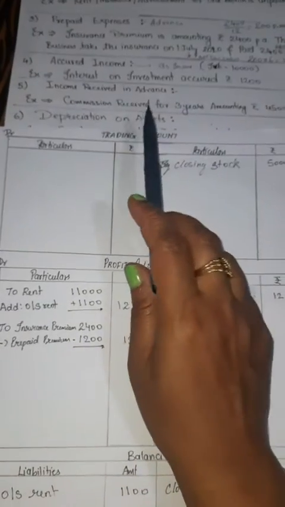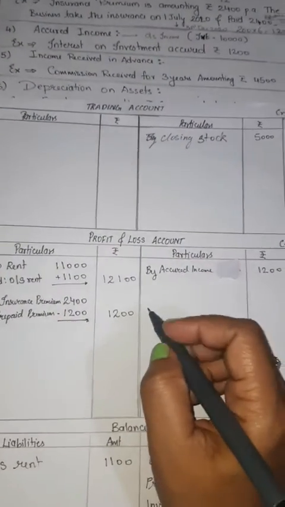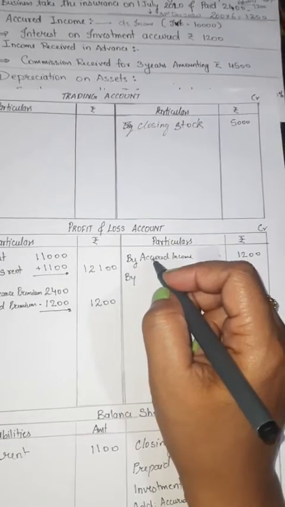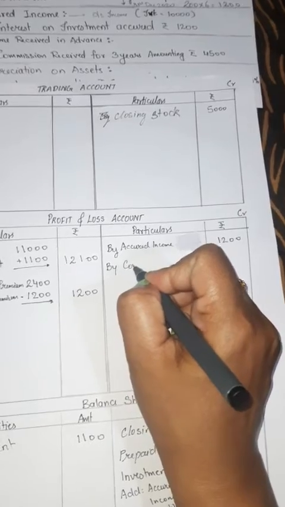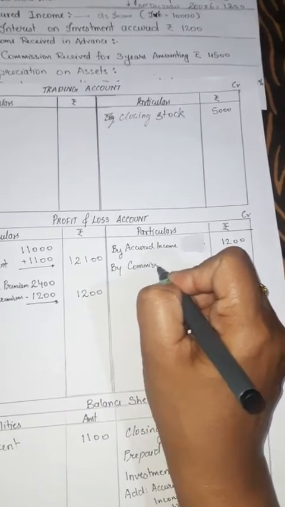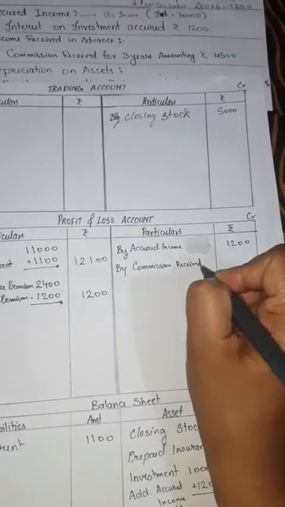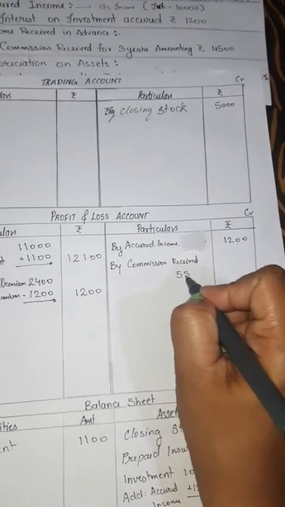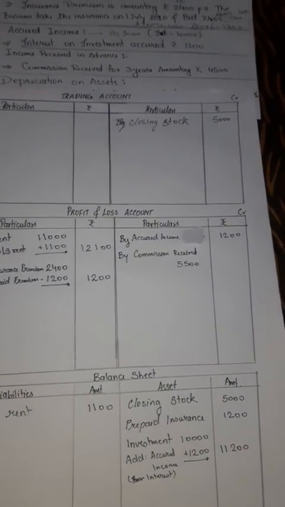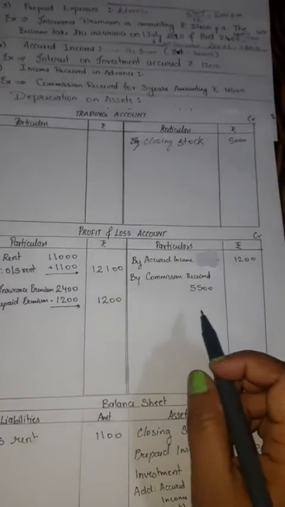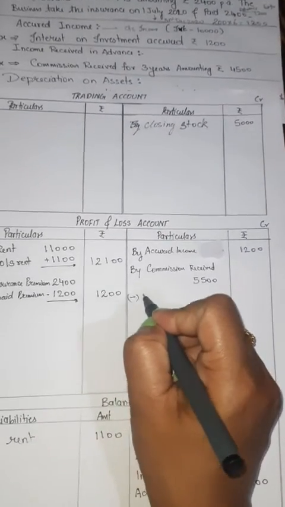For showing the item of commission received, we have to assume that there is an item in the trial balance called commission received. Suppose the amount is 5,500 given to you in the trial balance. So commission received is 5,500. In this commission received, we have an amount of advance.